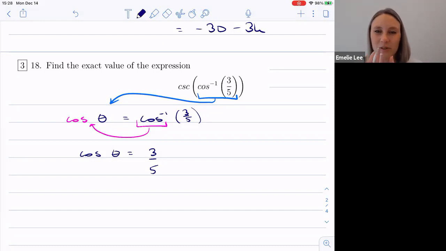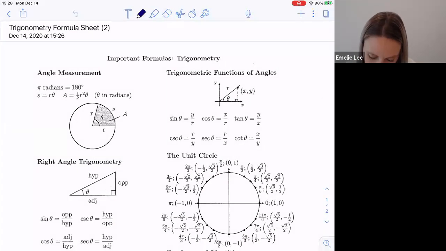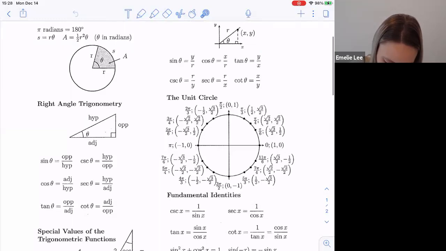If you remember SOHCAHTOA, or if you prefer to go to that formula sheet, specifically over here, this is SOHCAHTOA and a little bit more. Sine is opposite over hypotenuse, cosine is adjacent over hypotenuse, and tan is opposite over adjacent. And then we've also got the cosecant, secant, and cotangent in a similar way.